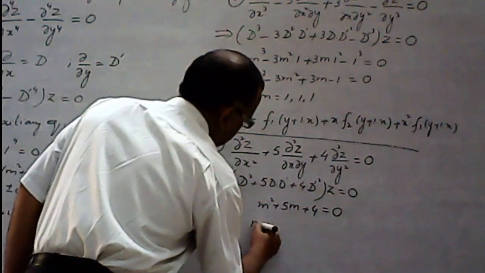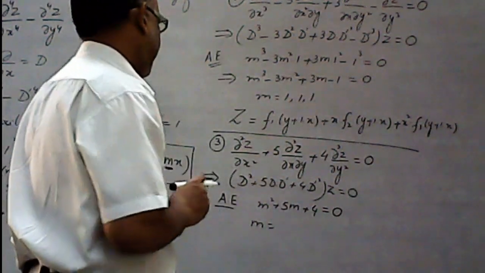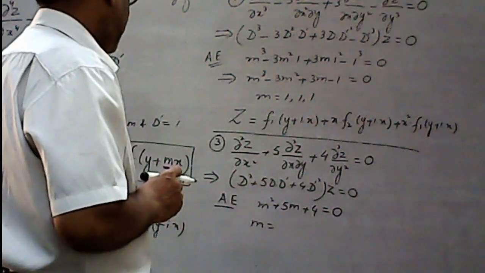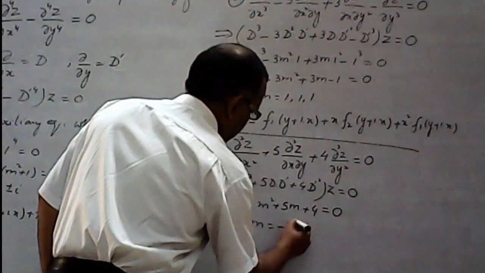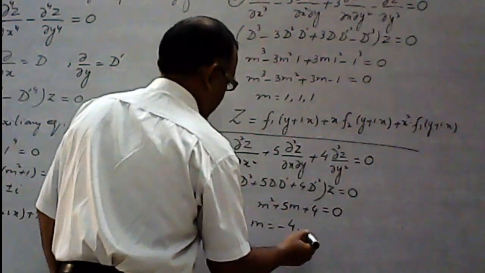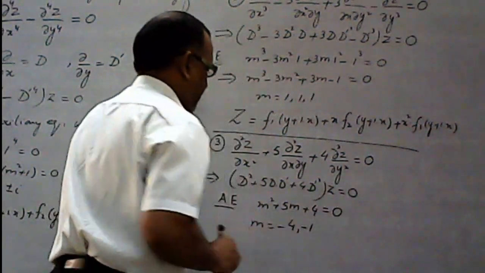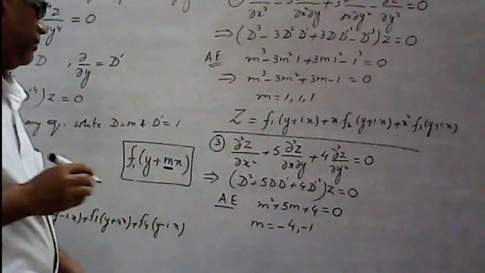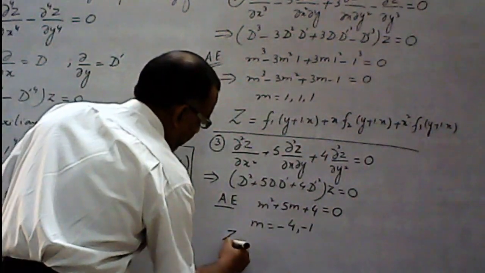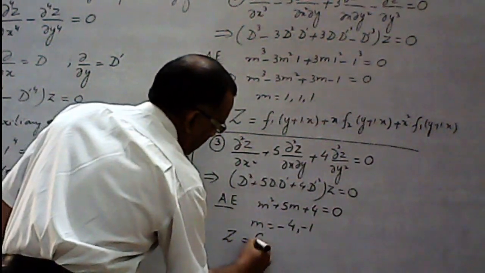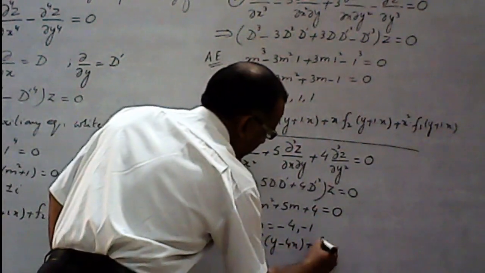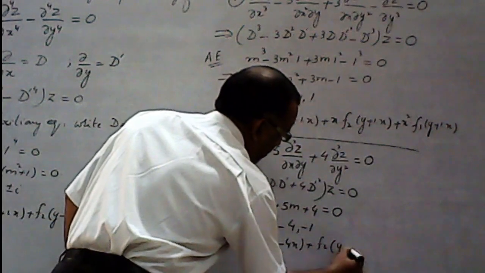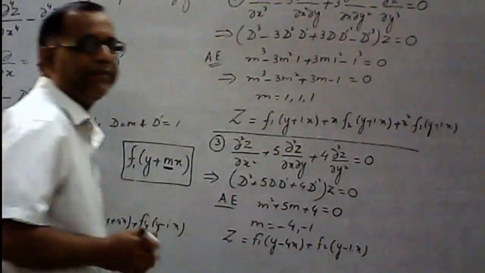So it means m equal to minus 4 and minus 1. It means the final answer will be z equal to f1(y minus 4x) plus f2(y minus 1x).